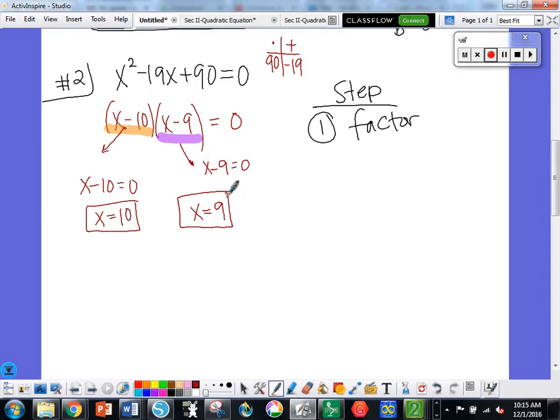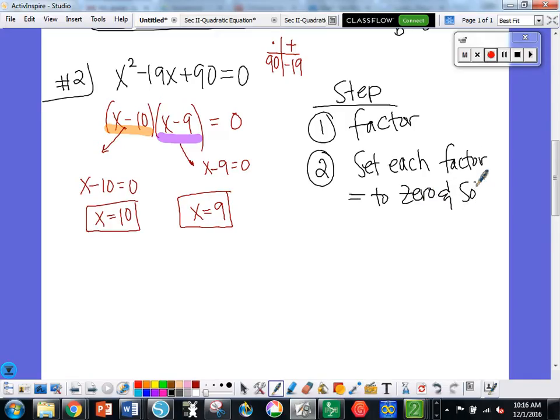Now that happened a lot faster. So the first step is to factor. The second step would be to set each factor equal to 0, and then you would solve it. So 2 steps.